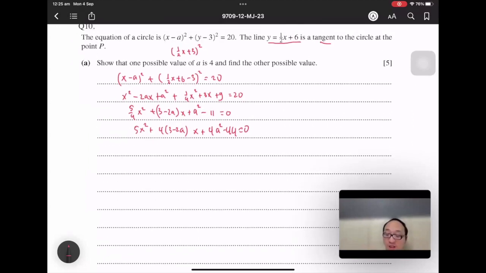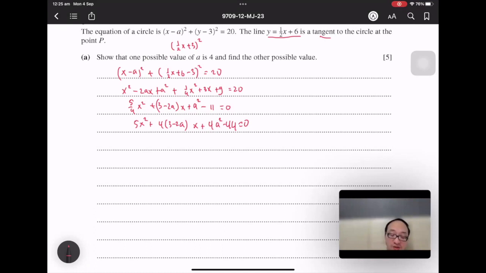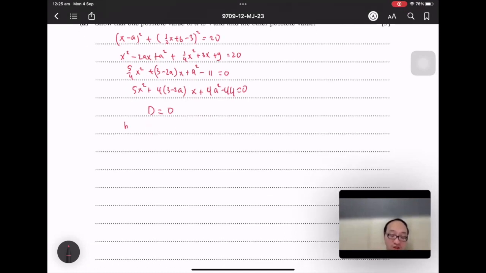And since the line is a tangent, from this quadratic equation I can have discriminant equals 0. So b squared minus 4ac equals 0. So 4(3 minus 2a) all squared minus 4ac.